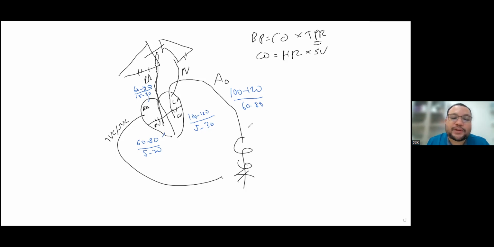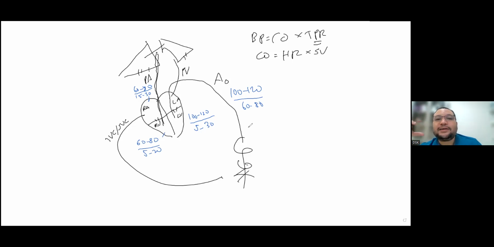And if you remember your circuitry kan, dia ada different type of circuits, kan? So bila you connect a low resistance, the total net resistance will actually reduce. So BP dia akan low. So that's one of the reasons why orang yang on dialysis, sometimes one of the problems is the BP will drop. Sama juga if you connect the systemic circulation ni to a very low resistance circulation, macam your placenta.